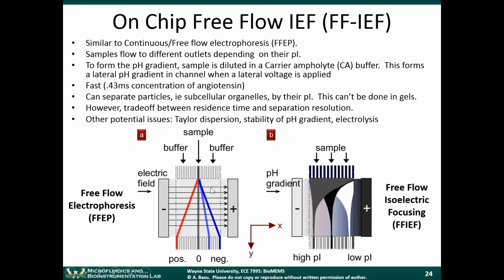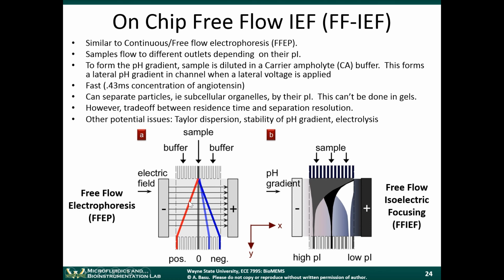So the key thing in here is that the buffer in this channel, the aqueous solution that's in this channel, has carrier ampholytes. So when you place an electric field across the width of the channel, this creates a pH gradient in the channel.